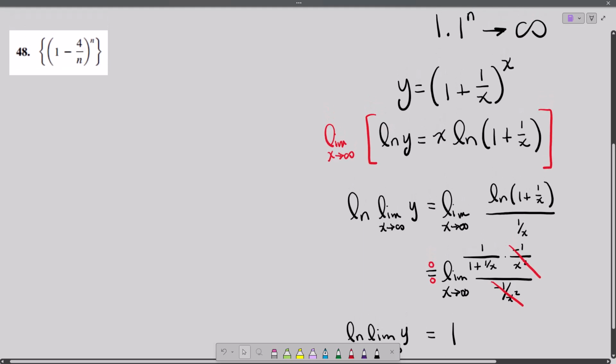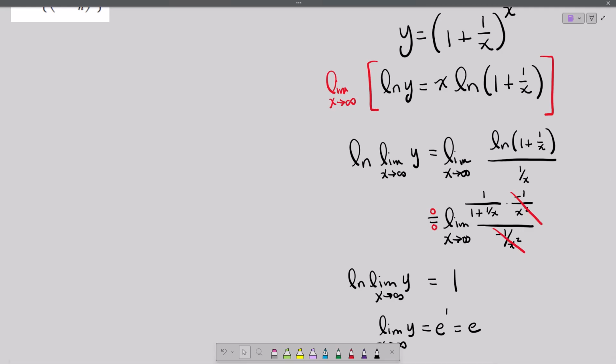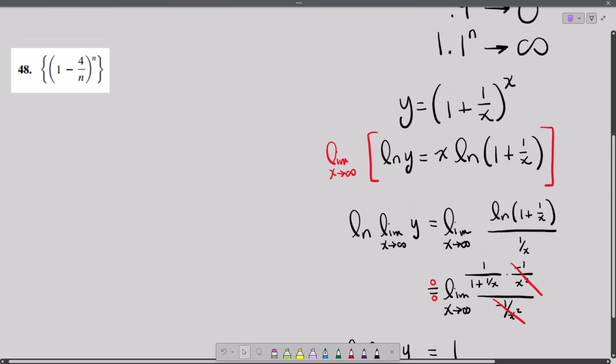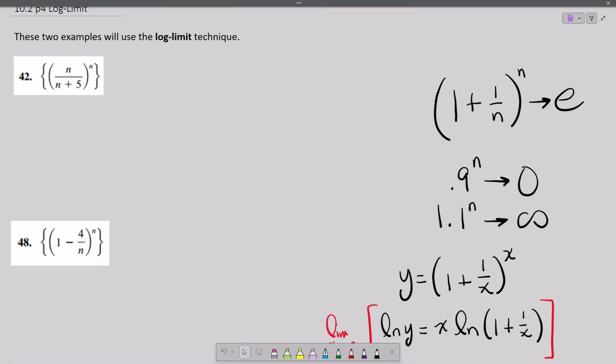We need to get to a place where we can use L'Hopital's rule. And that's going to happen in general over here. So in general, we're going to use the log limit technique. So we first invoke a function. We say, hey, this sequence is a subset of this continuous function.